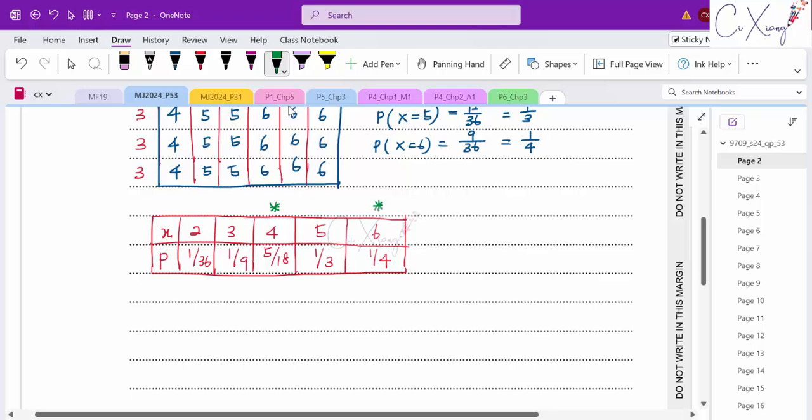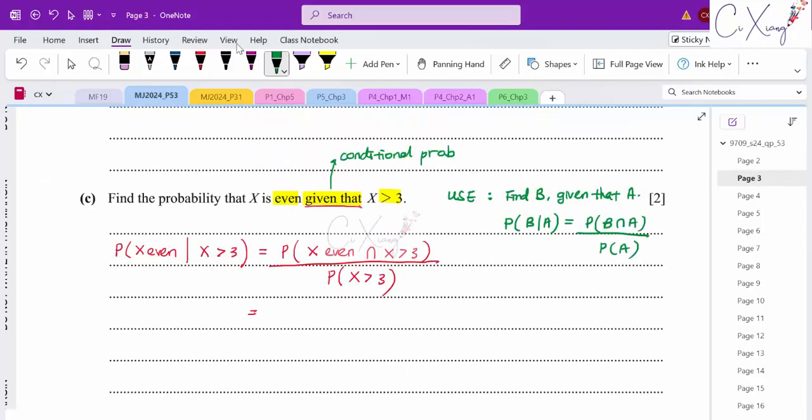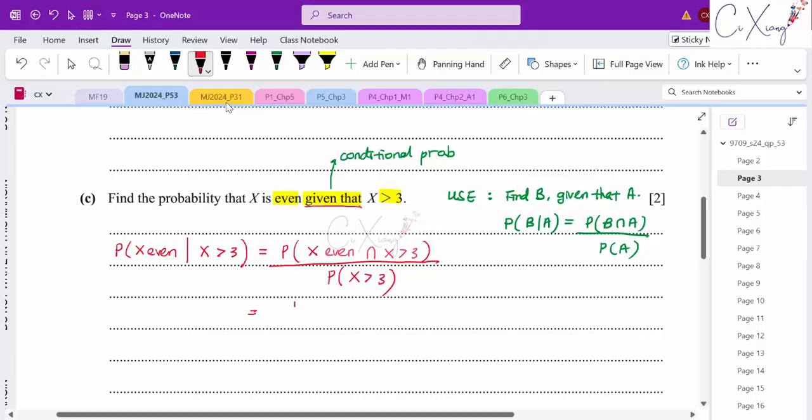Then 6 also fulfills the condition, where x is even and at the same time more than 3. So I need to consider the probability for these two x. It will be 5 over 18 and also 1 over 4. So I'm having 5 over 18 plus 1 over 4.